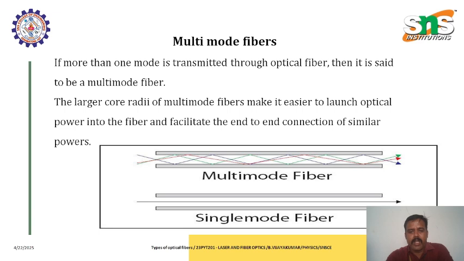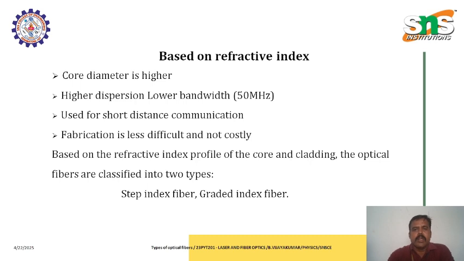In single mode, only one ray travels along the optical axis, but in multimode, many rays are reflected by total internal reflection inside the core region. Core diameter is higher, dispersion is higher, bandwidth is lower, and it is used for shorter distance communication. Fabrication is less difficult and not costly.